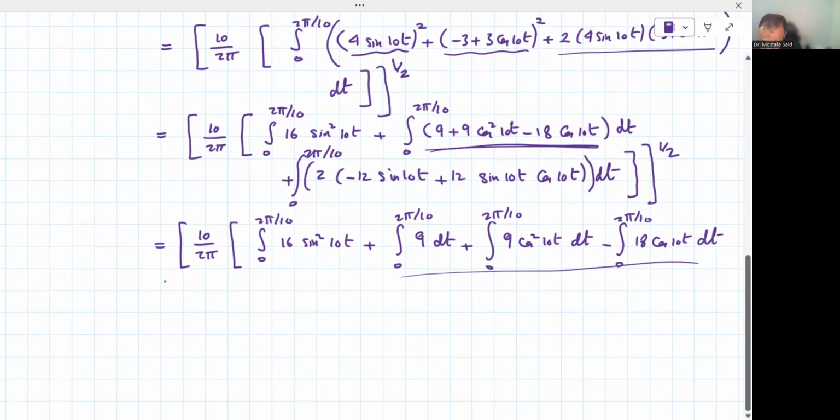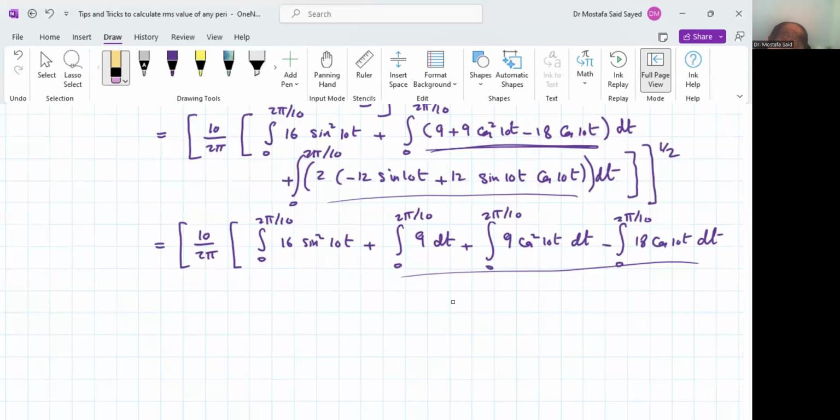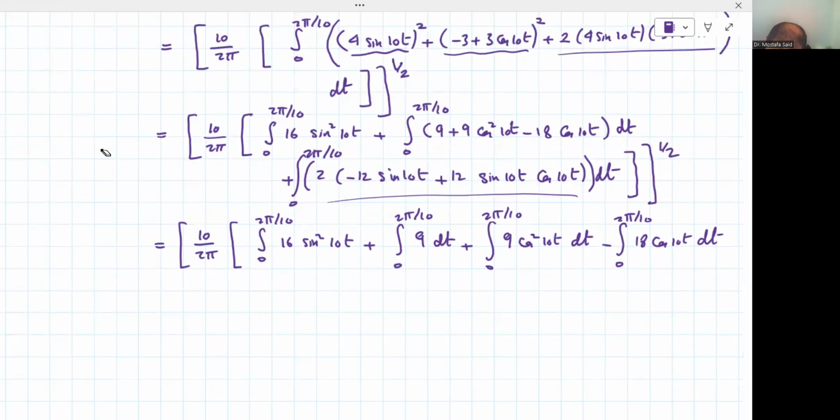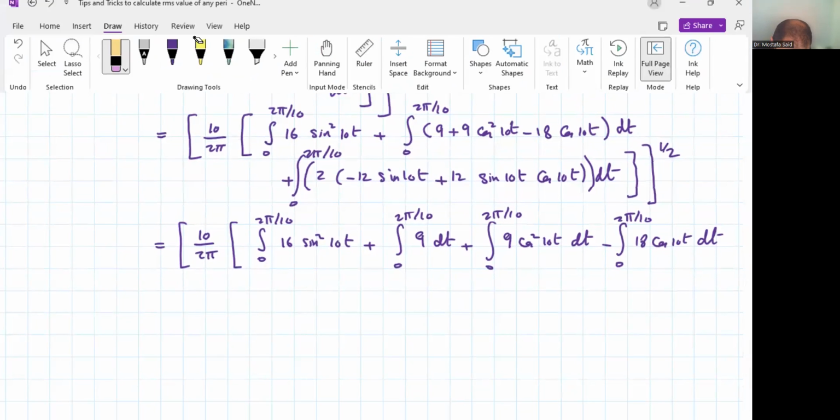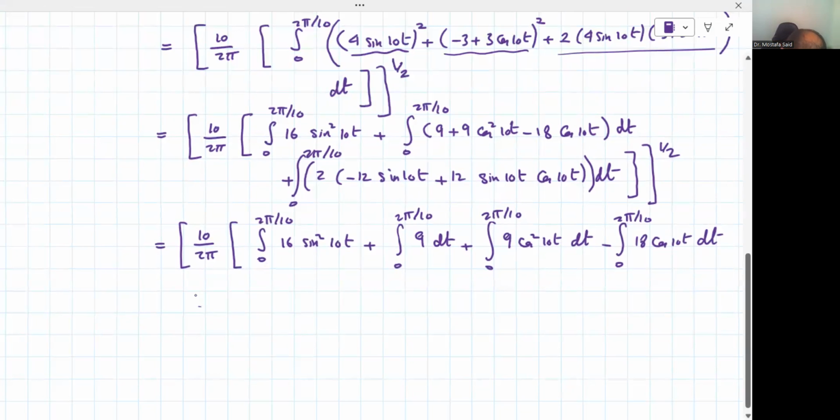I'm gonna do the same for that one. So let's just remove these lines so as not to confuse ourselves. Okay, continuing.